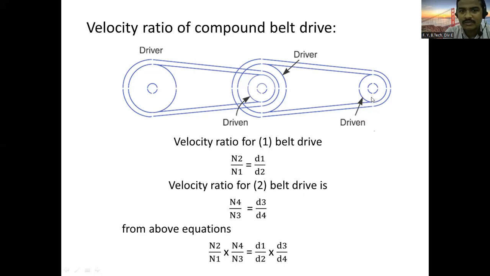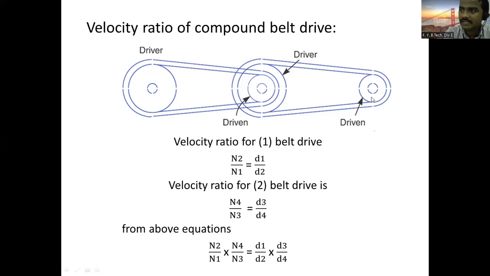To determine the velocity ratio for the compound wheel drive, we discussed one case yesterday: the speed ratio or velocity ratio for the open wheel drive arrangement. What is that relation? The relation between speed and diameter: N2 by N1 is equal to D1 by D2.